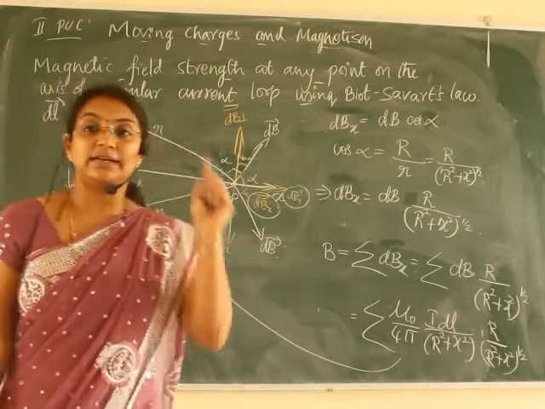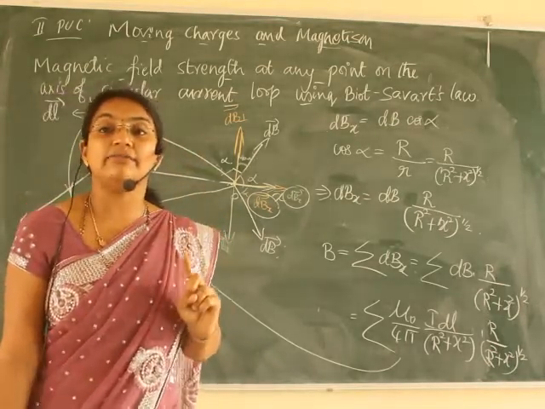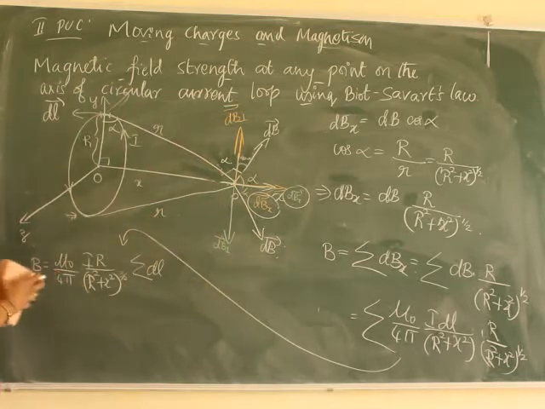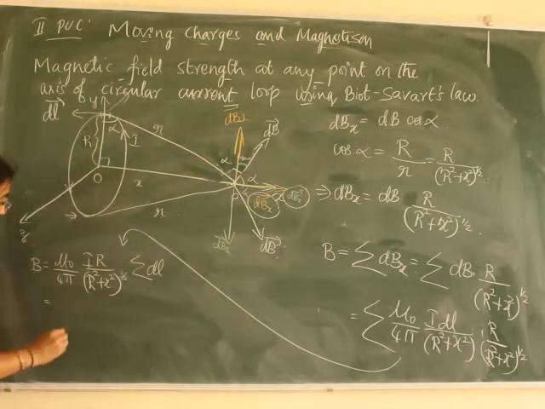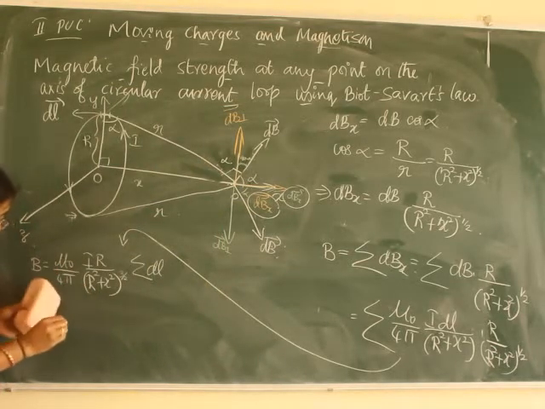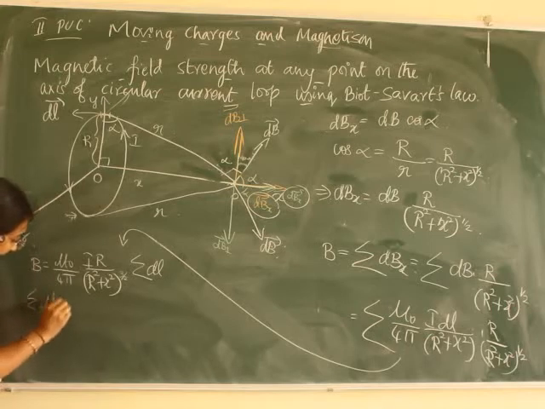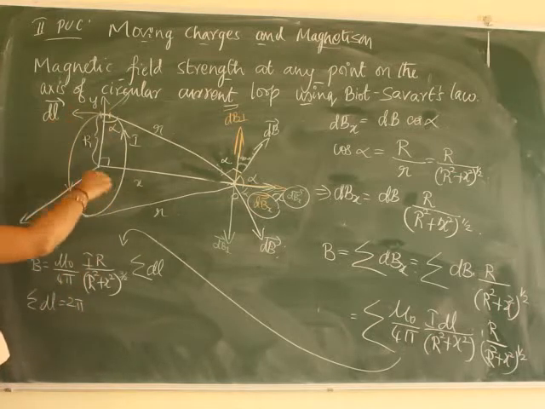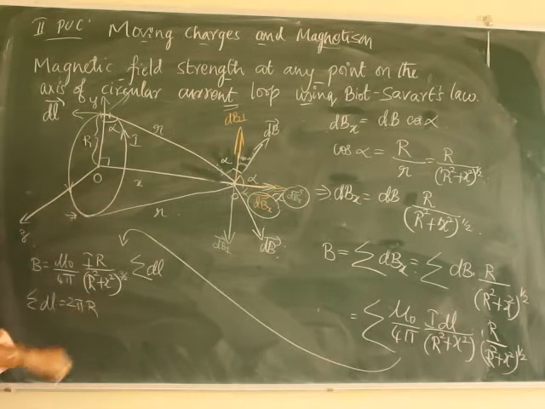The length of the entire circle is the circumference of the circle. Therefore, summation dl is equal to 2 pi r, where r is the radius, capital letter R.